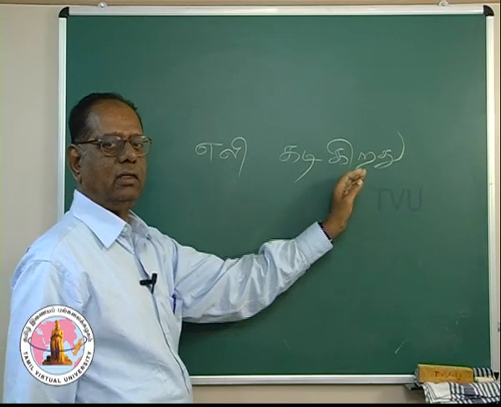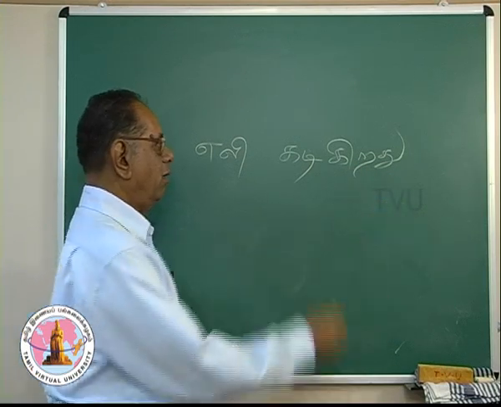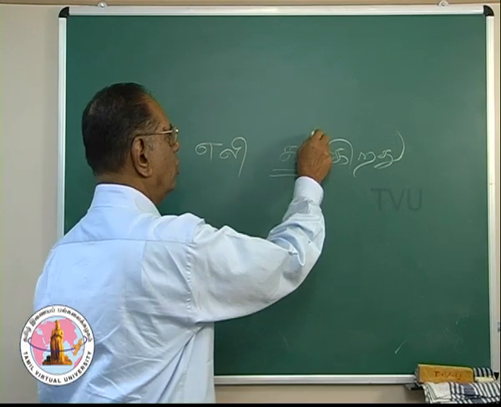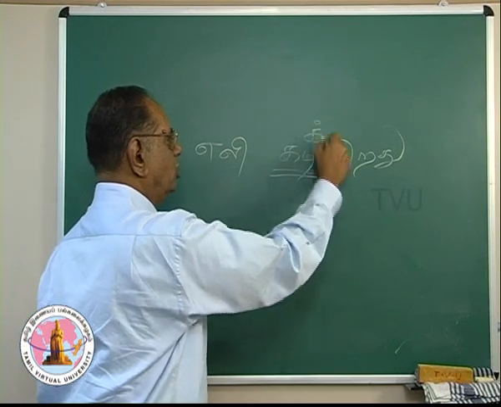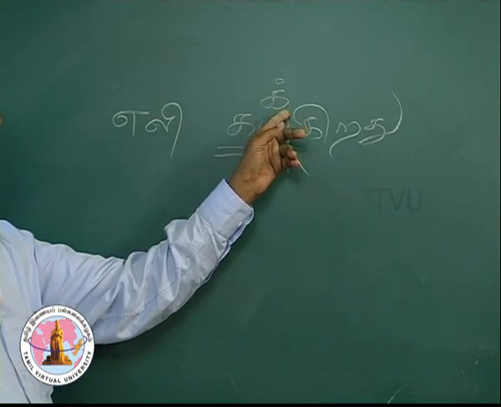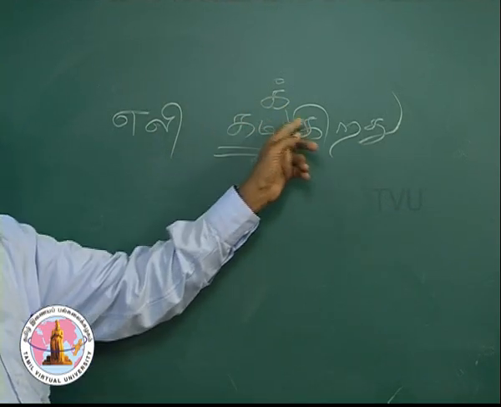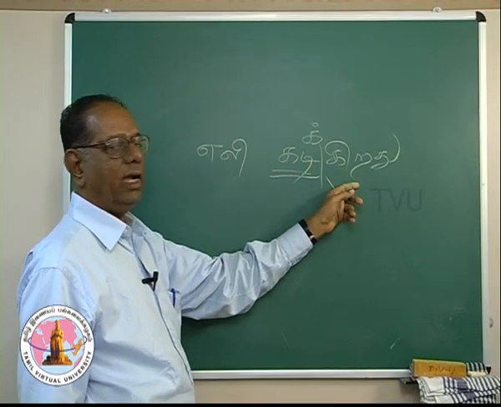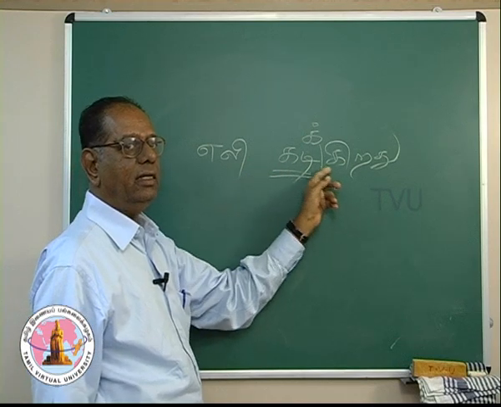Kiru plus adu, kiradu. I have used a verb here, kadi. This will also undergo a small change by taking a consonant. Eli kadikkirathu. The rat bites.